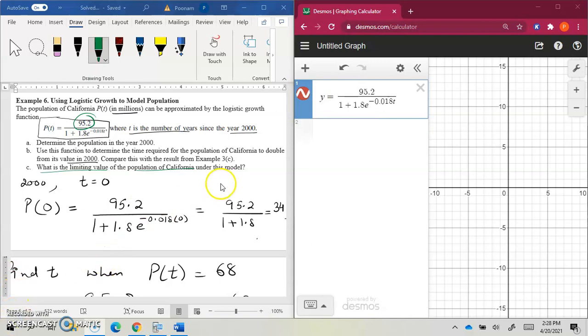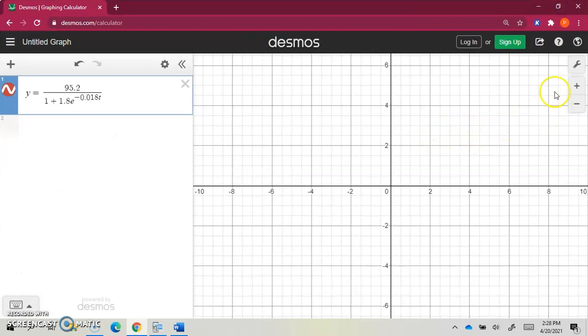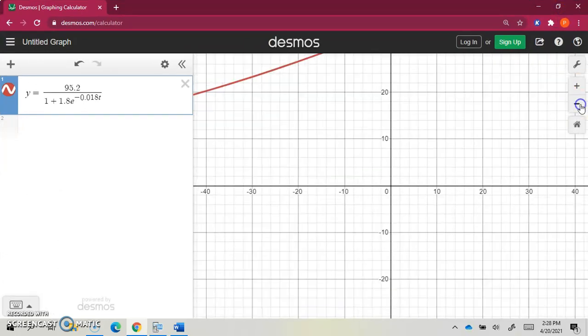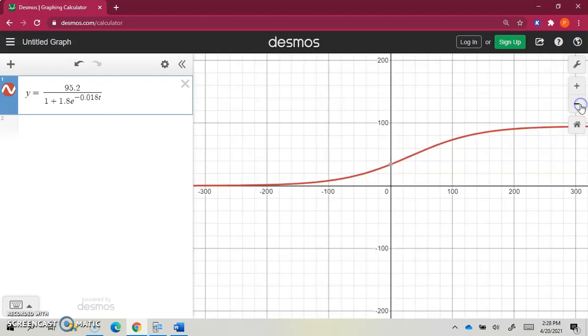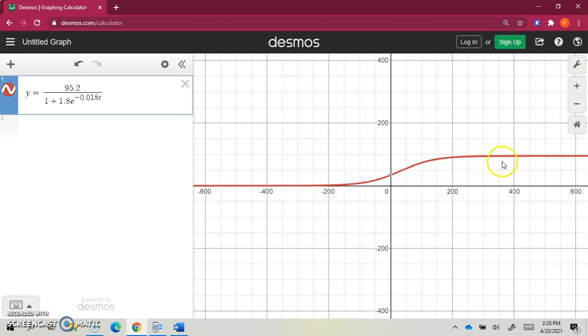So I type this function, and if you notice, I don't see much in the graph. So I can change the window or zoom in, zoom out. So here is my graph. You see, it is an exponential function. It starts growing, and then after a stage, let's zoom out more, it is stabilized.